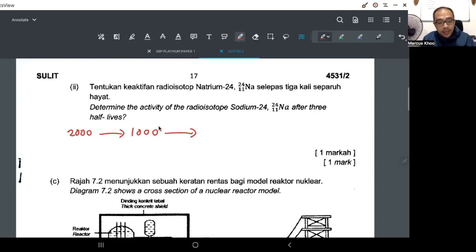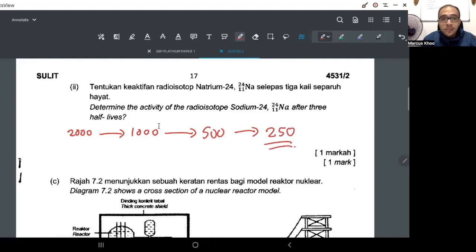Okay, you must never write 0. There can be no such thing as 0 activity. People will see this and logically think, oh yeah, that is correct. 2000 goes to 1000, after 1000 it's 0, finished. But it's not. Half-life is half, half. It's always halved. So half of 1000 is 500. Half of 500 is 250. It's only 1 mark.